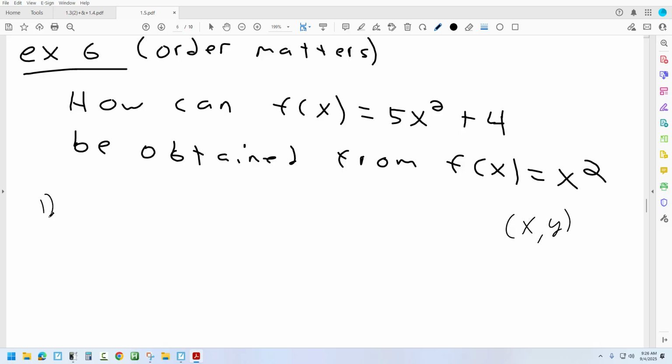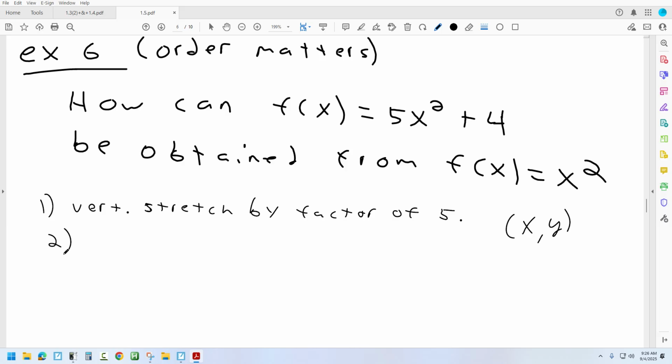I gave you kind of a phrase earlier to use. It would be a vertical stretch by a factor of 5. Perfect. Vertical stretch by a factor of 5. Yep. So that's your first transformation.